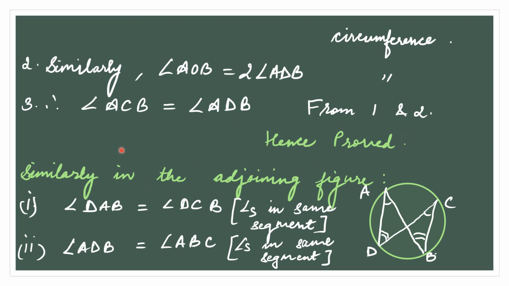This is that angle at the circumference and between angle which are drawn in 2 segments from the same arc are equal. Similarly, in the adjoining figure, see this figure, children.